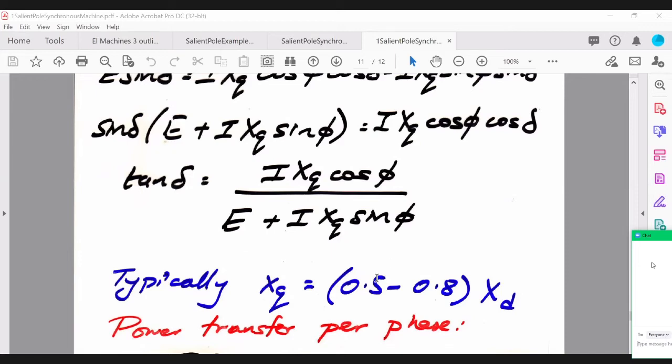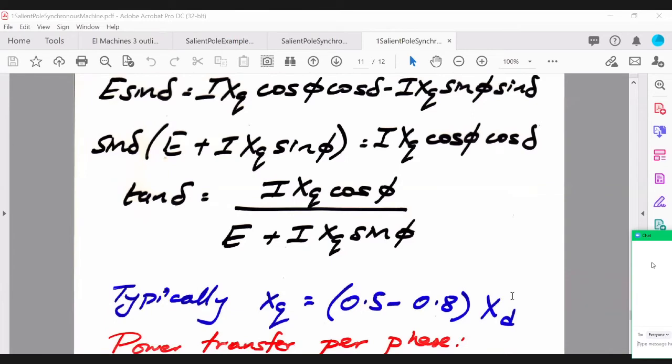So the typical value that you will find is that XQ is smaller than XD, normally between 0.5 to 0.8 times XD. So this is what you will encounter in typical salient pole machines.